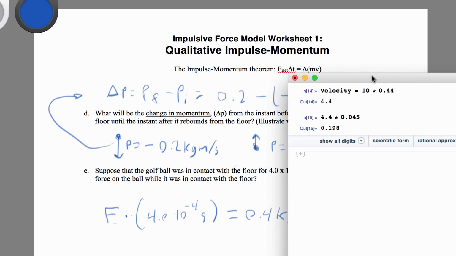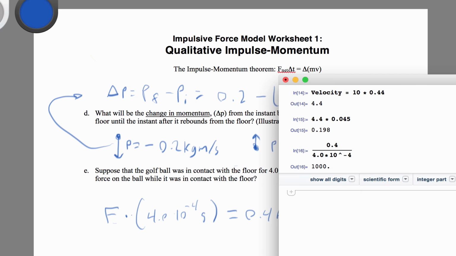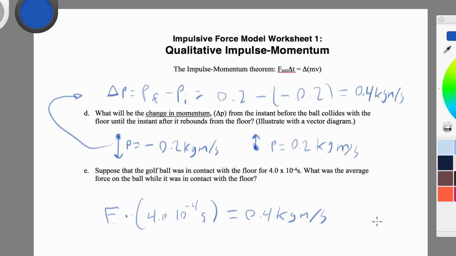So that's 0.4 divided by 4 times 10 to the negative 4. 1,000. Nice even number. Confident. So the average force would be 1,000 newtons. Done.